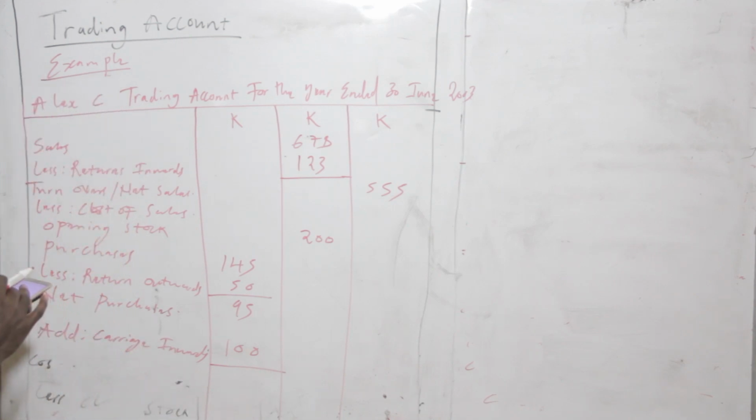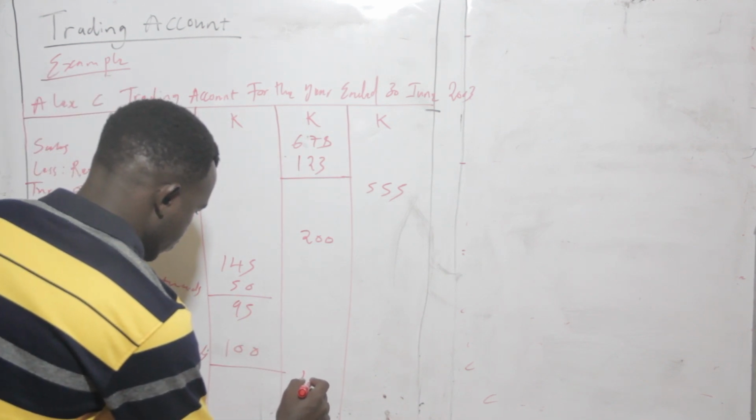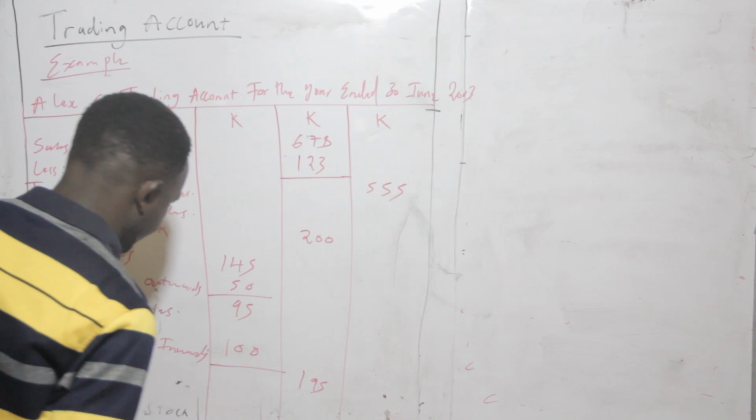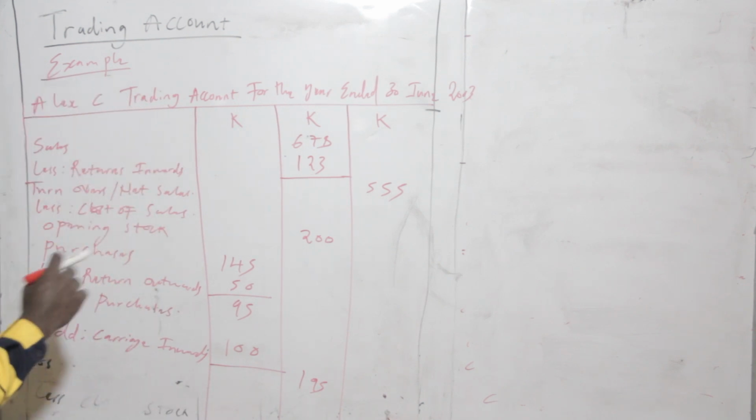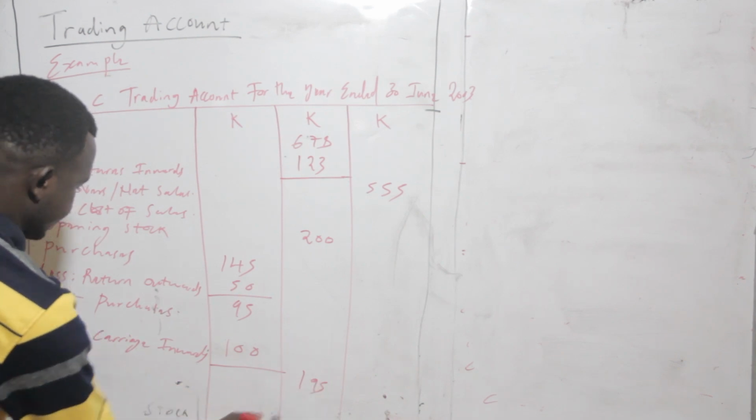So we're going to say 95 plus 100, there we're going to have 195.